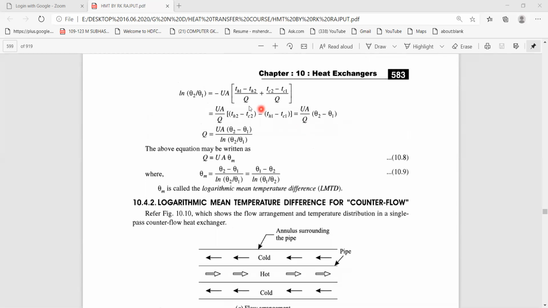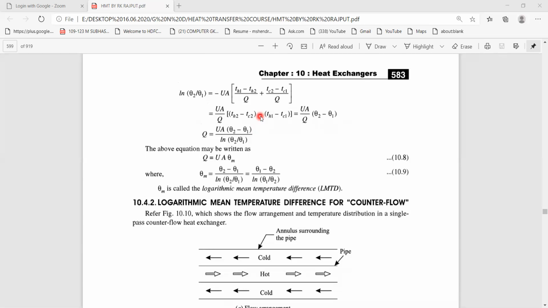Now take the minus sign as it is: UA into (Th1 minus Th2) divided by Q plus (Tc2 minus Tc1) divided by Q. Now Q is common in the denominator, so let's take it outside the bracket. After that, open the bracket: multiplying by the minus sign, minus into minus gives plus Th2, and minus into plus gives minus Tc2.